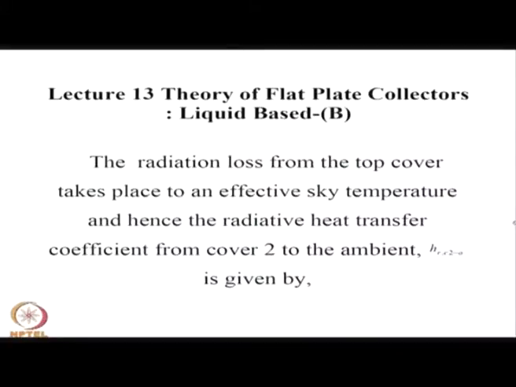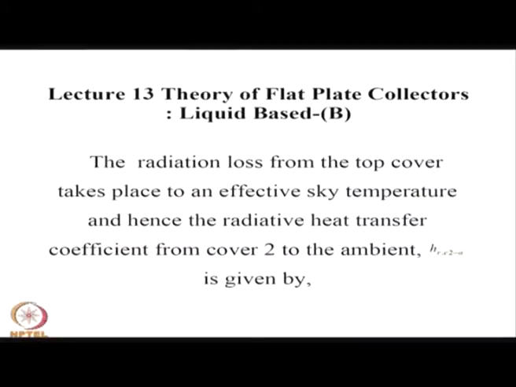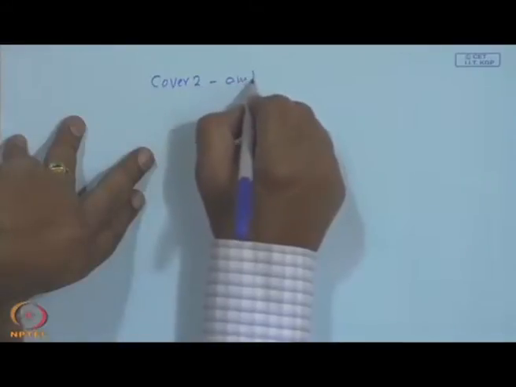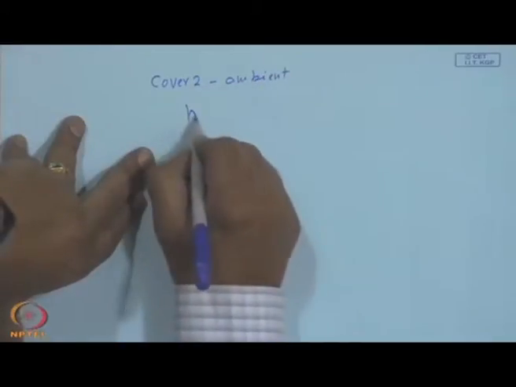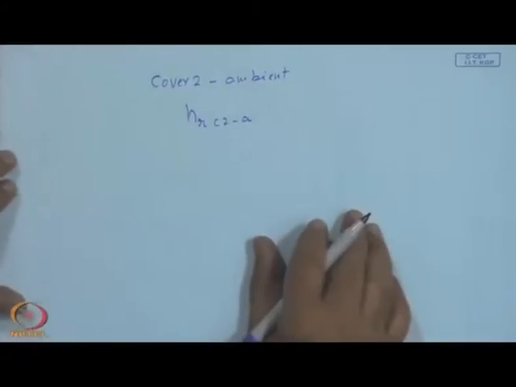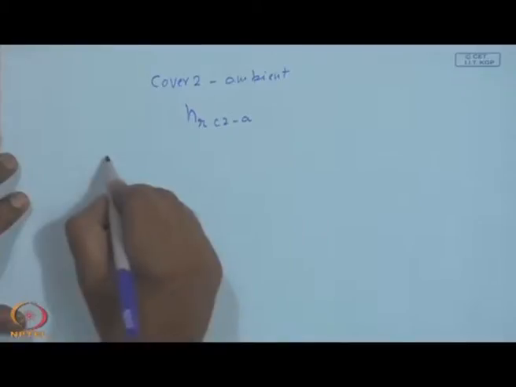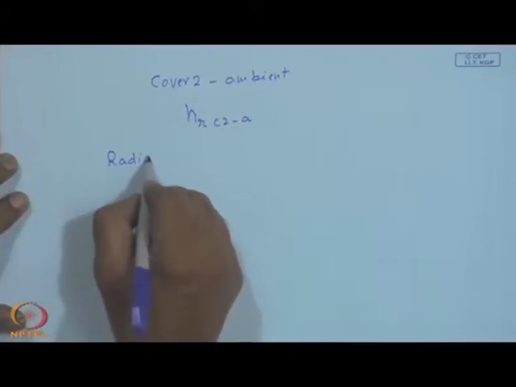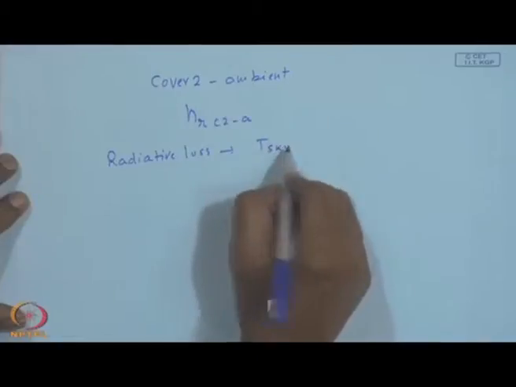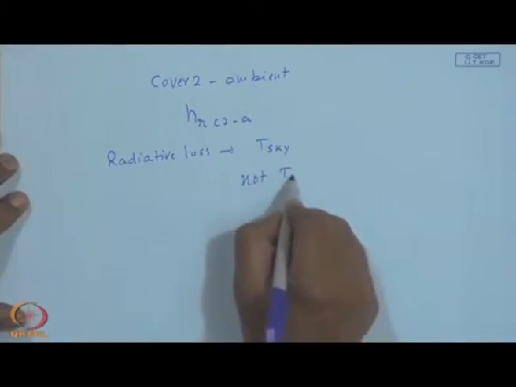We have expressed the loss from the plate to the cover 1, and if you consider the top plate from which the loss is taking place directly to the ambient, the radiative heat transfer coefficient from the cover 2 to the ambient, which we shall designate as H_R C2 A. Now, we have already expressed that this radiative loss is to T sky and not T ambient.